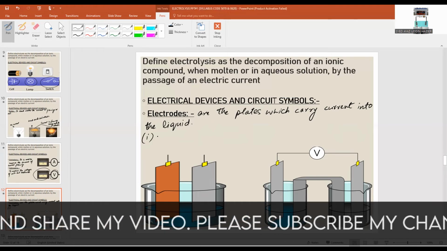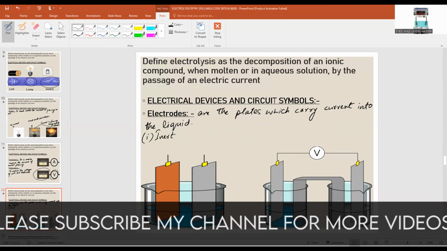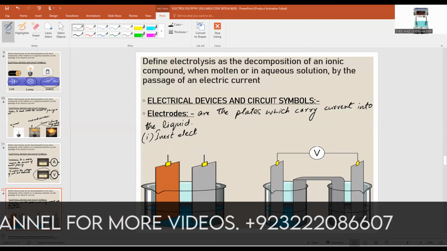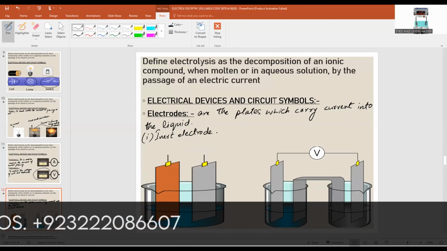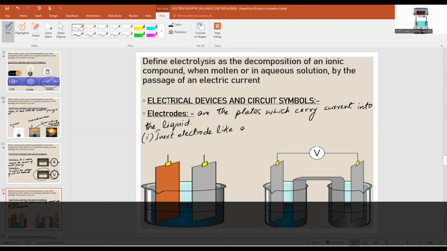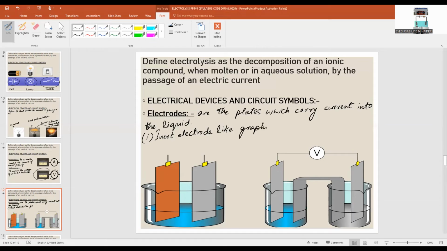Number one, inert electrode like graphite or platinum. Number two, active electrode like copper.